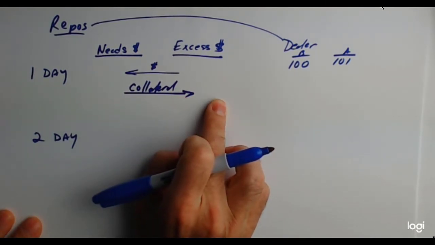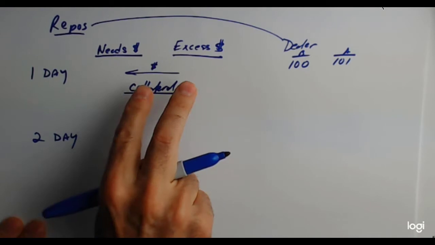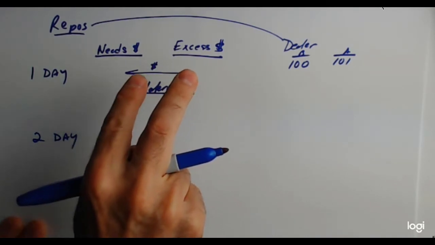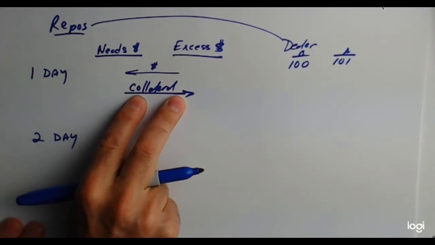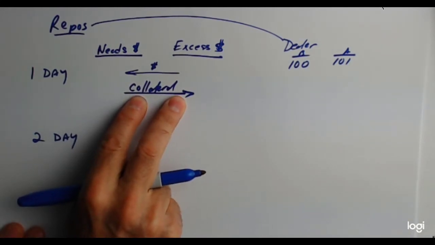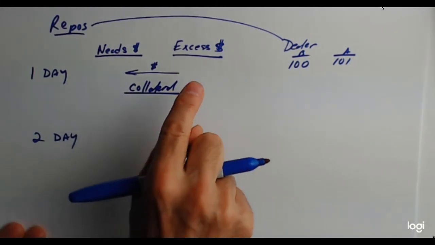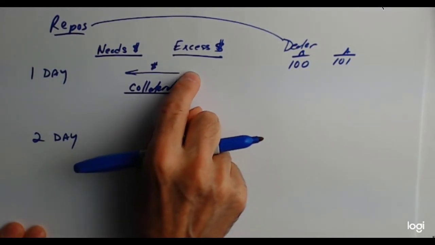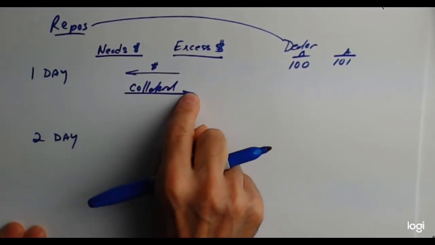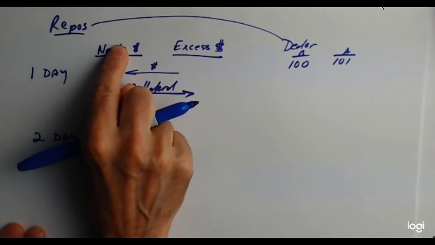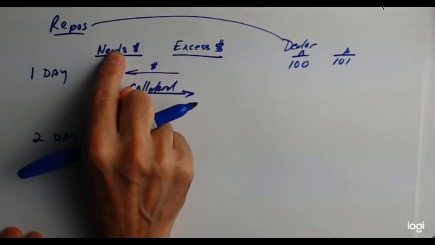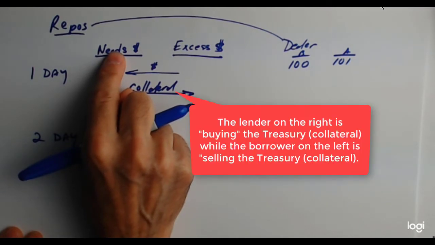Now, you can look at this as a borrowing that's going on with collateral, but it also looks a lot like a sale. It looks like this party is buying a security. So here's the security coming in through collateral, and they're paying this money. This party's selling the security. Hence, when you look at repurchase agreements, it's as though there's both a borrowing and a lending going on.